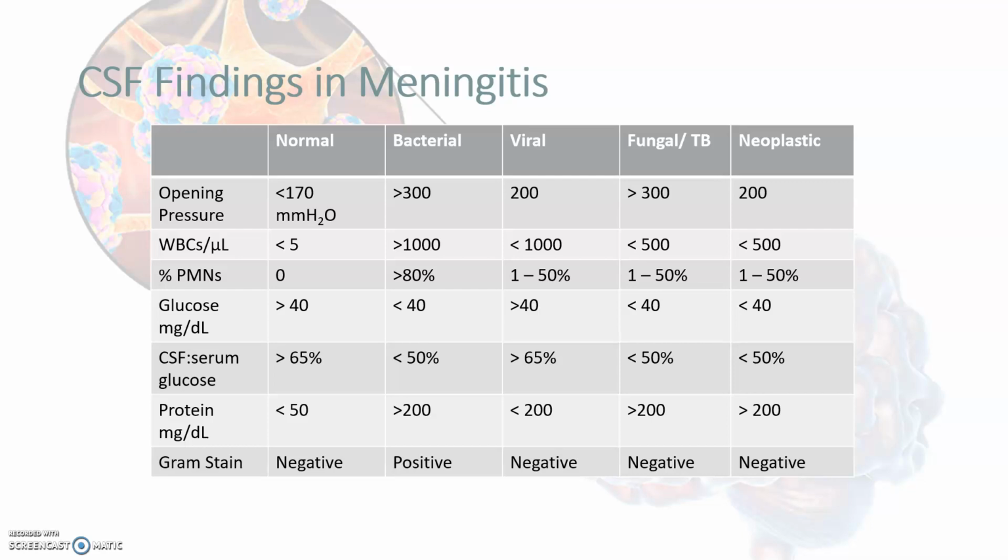You may want to pause the video and look more closely at this slide, because this is necessary for your Part 1 exam. You need to be able to differentiate between these different types. Bear in mind, it's not just the CSF that you're going to look at, but you're going to correlate your CSF findings with the patient's clinical presentation.